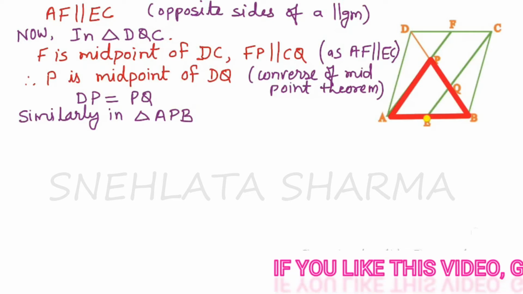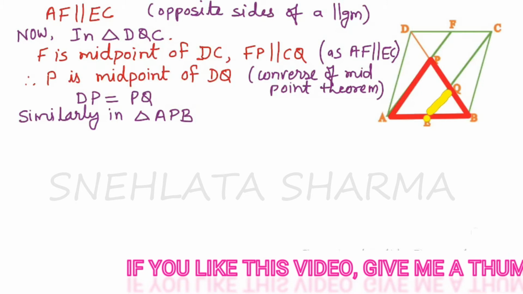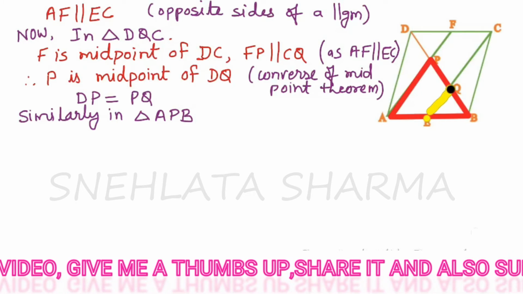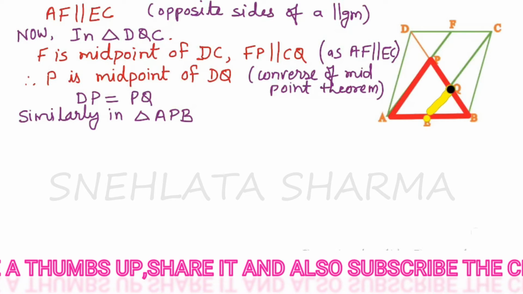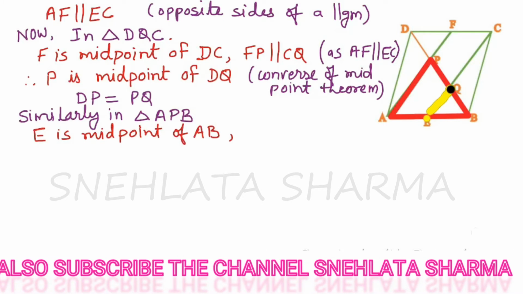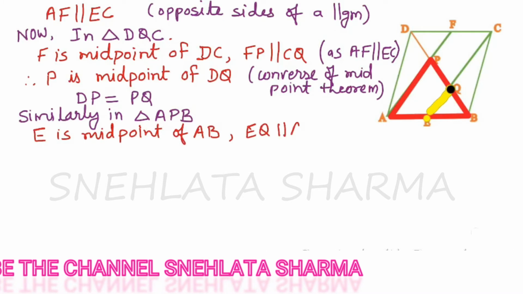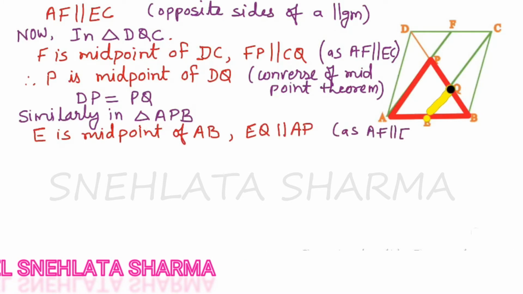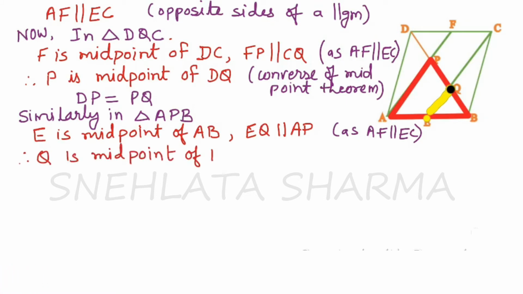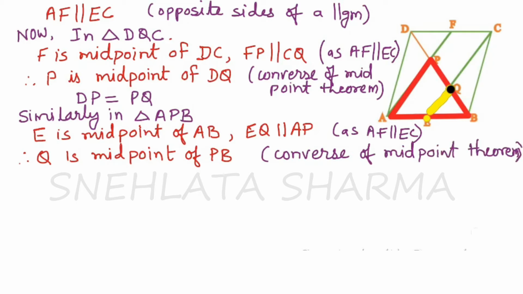Also, EQ is parallel to AP. So, Q will be midpoint of BP by converse of midpoint theorem. Let's write this. In triangle APB, E is midpoint of side AB and EQ is parallel to AP as AF is parallel to EC. Therefore, Q is midpoint of PB by converse of midpoint theorem. This gives PQ is equals to QB.